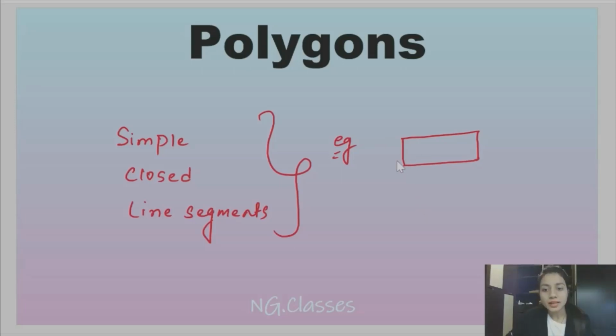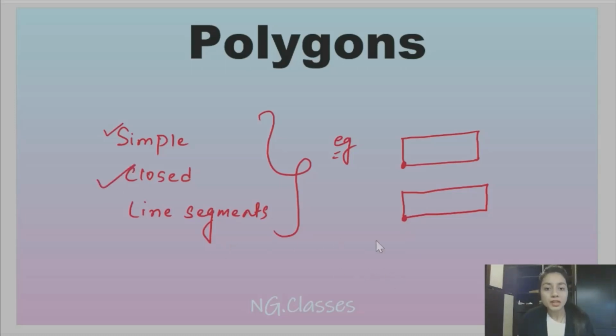I can draw it in one go without crossing myself. So yes, it's a simple curve. Whether it's a closed curve or not. Here, if I am drawing starting here, then here, then here, and then here, my starting point and end point are the same. So yes, it's a closed curve as well.